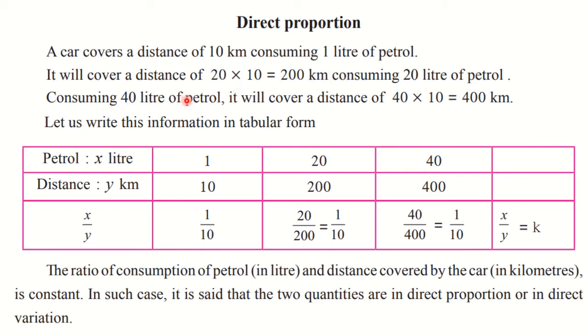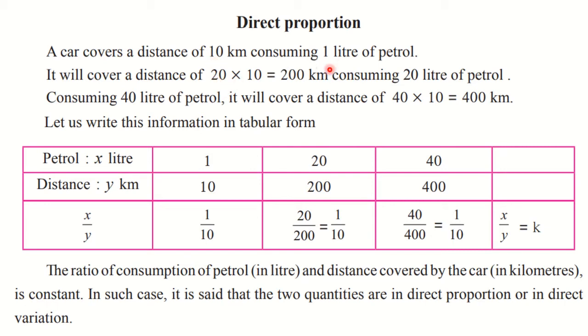If 40 liters of petrol is consumed, then the distance traveled will be 40 into 10, that is 400 kilometers. That means what you have to keep in mind in direct proportion is, if one quantity is increasing, the other also is increasing. See, 1 liter, 10 kilometers, correct?